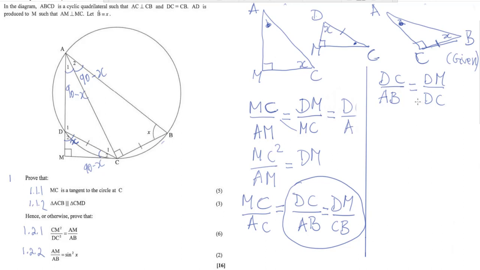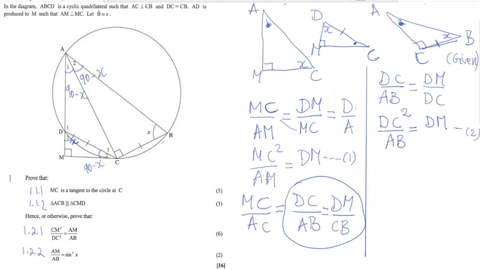So if we cross multiply, we'll have what? DC squared over AB is equal to what? DM. All right. Now, if we use a simultaneous equation, this will be the first equation, and this will be the second equation.